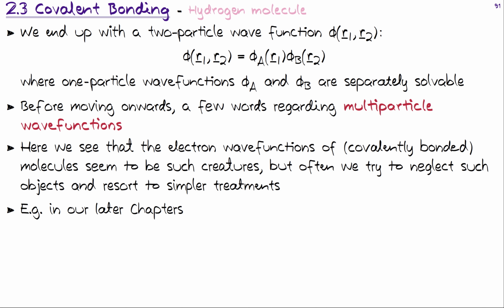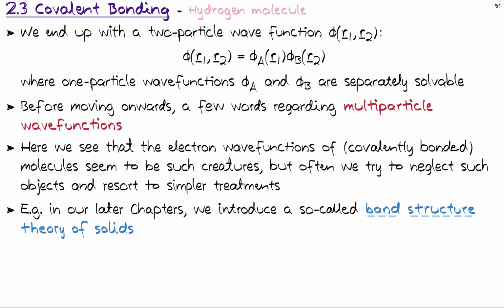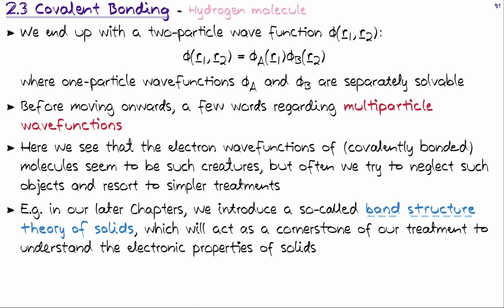A good example of this approximation that we implicitly do in the later chapters is that we will speak in future of a so-called band structure theory of a solid or solids. And this will act as a cornerstone of our treatment to understand the electronic properties of solids, metals, and semiconductors. And this is really based on a single particle approximation.